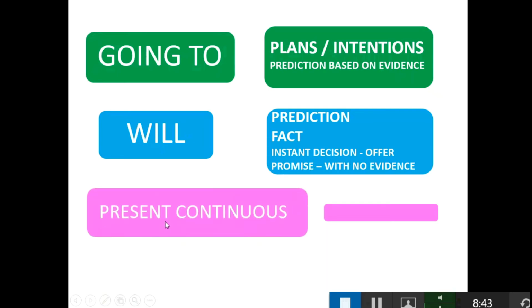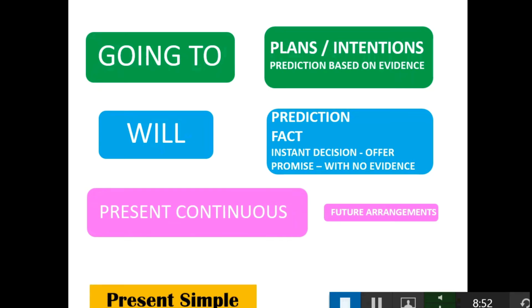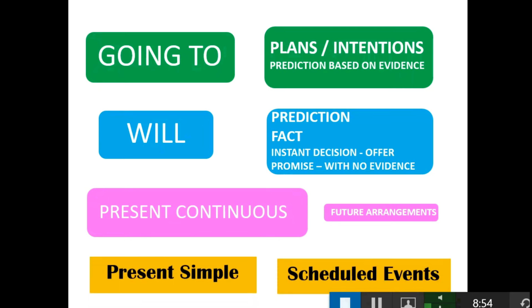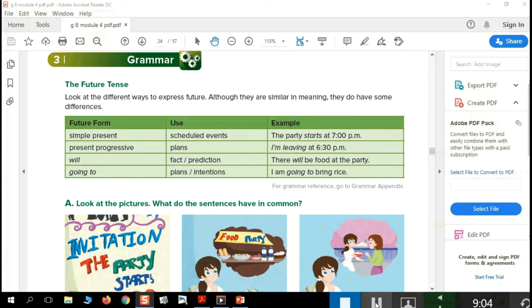Okay, the next one, present continuous. We use it for future arrangements, planned actions. The last one, present simple, we use it for scheduled events, timetabled events. Now open your class book, page 118. That's what we have just discussed.